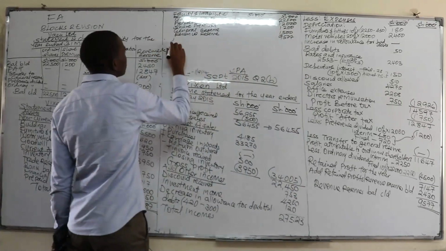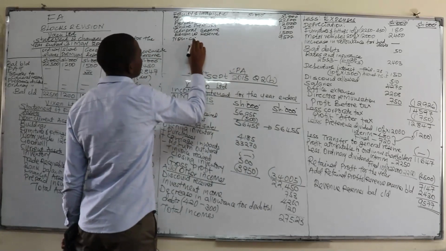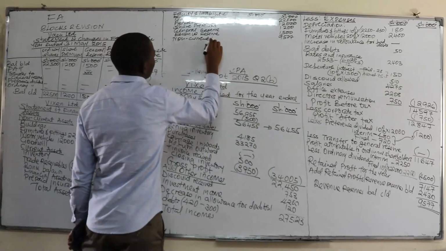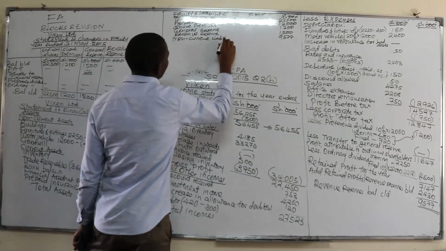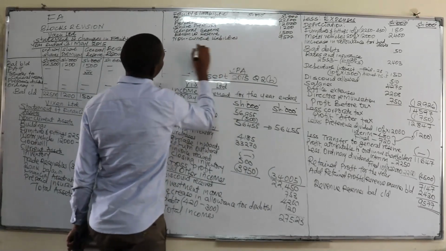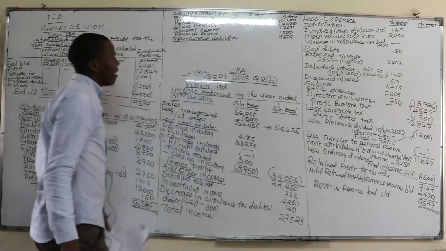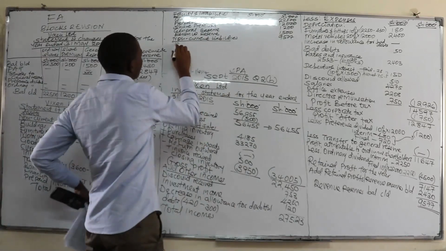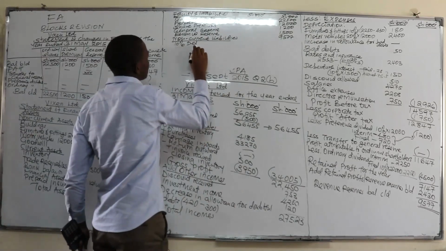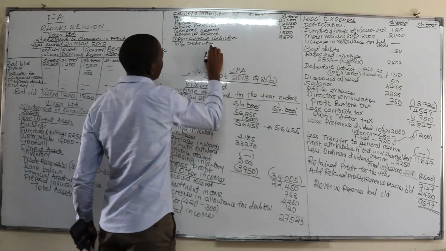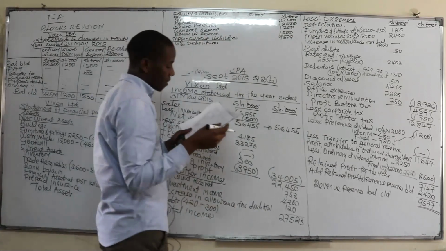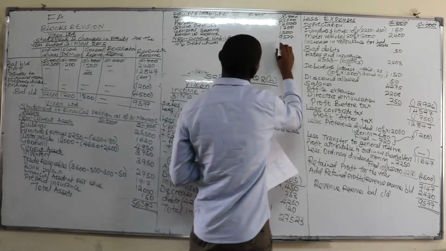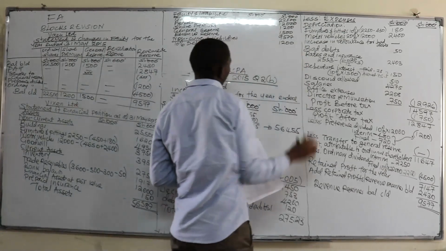From there, you go to the non-current liabilities. On the non-current liabilities, we have the 10% debentures. And for the debentures in this case, the amount was also 1,200.